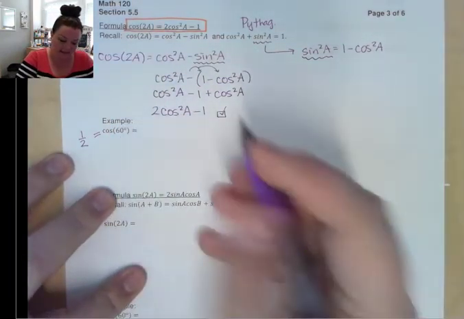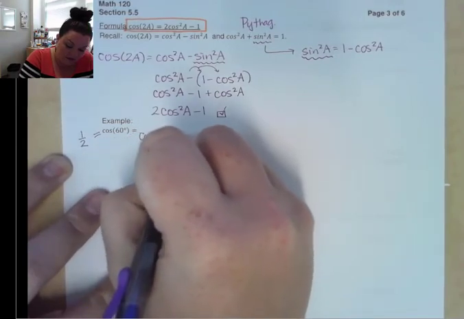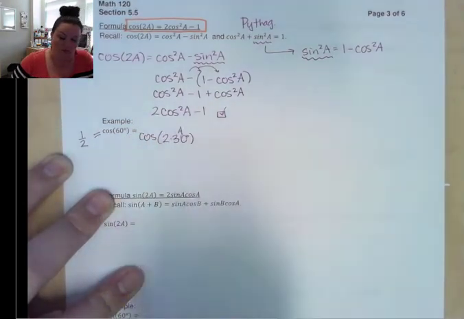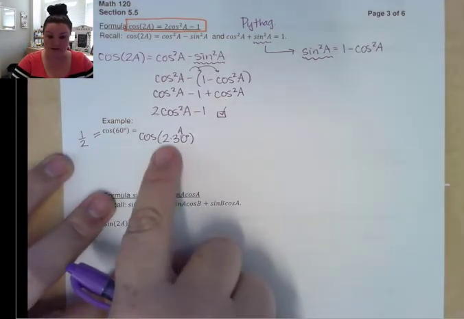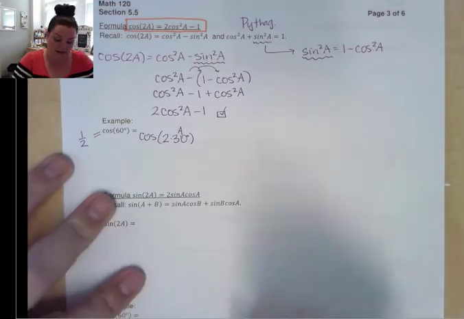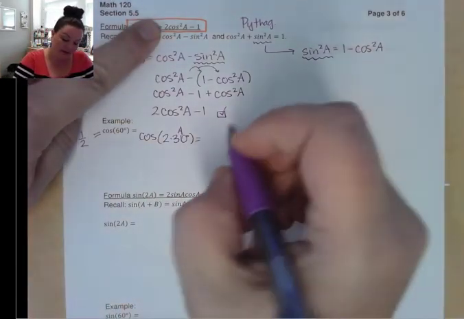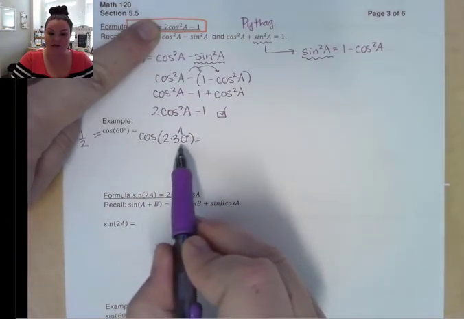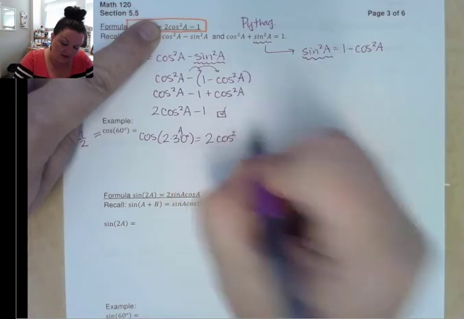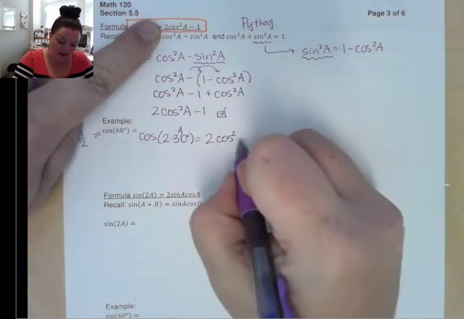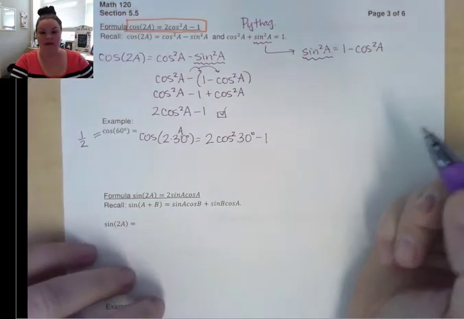Instead of cosine 60, I'm going to go ahead and write this as the same thing as cosine of 2 times 30 degrees, where our angle A would be 30, right? 30 doubled gives me the 60. And so we're just going to go ahead and verify this new formula we came up with that says that cosine of 2 times 30 degrees is the same as 2 cosine squared A, where our A is 30 degrees, minus 1. Okay.